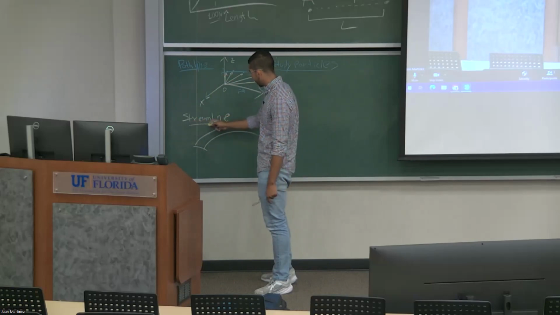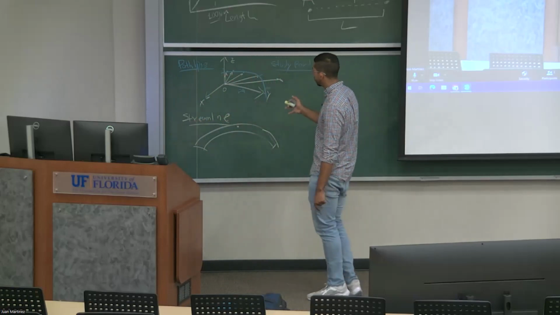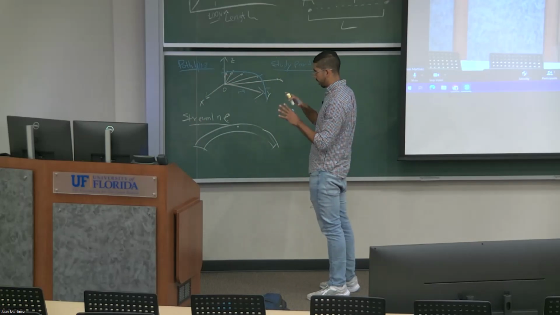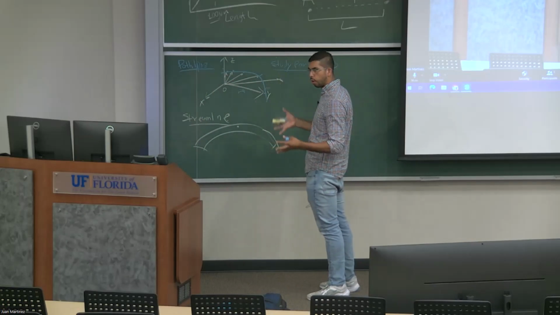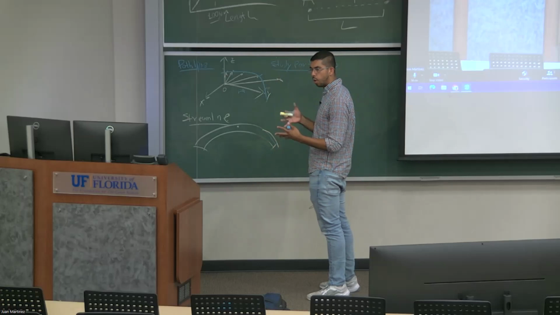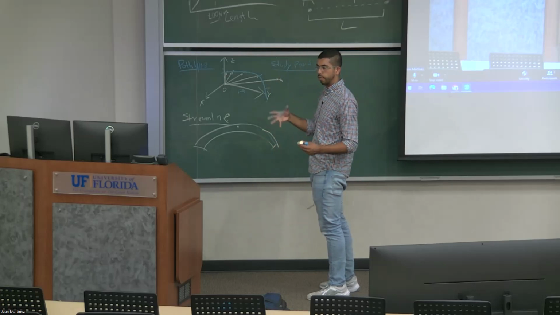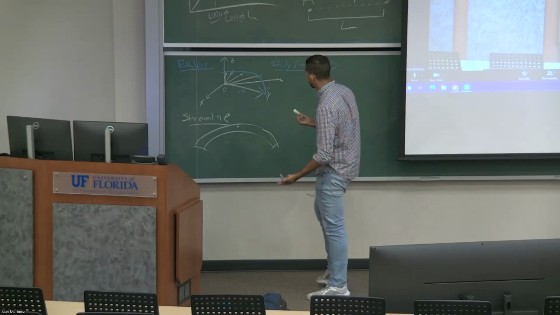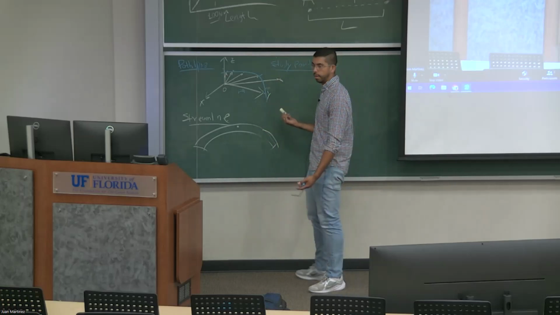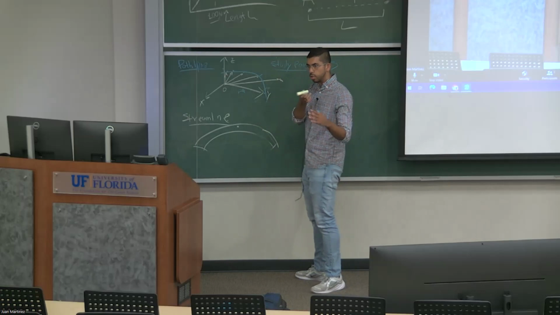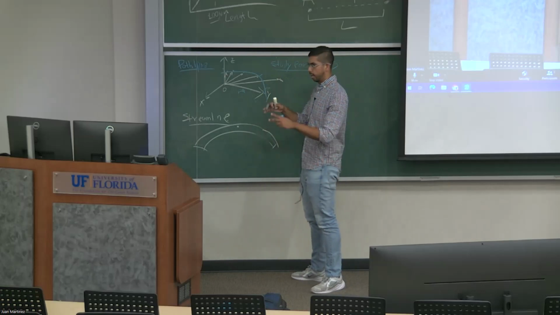That's the difference. In one, you're looking more at the particle, and in the other, you're looking at the fluid as a whole, the flow of the fluid. The pathline gives you more information because you're looking at the position, how it moves. The streamline is more the overall movement of the fluid.